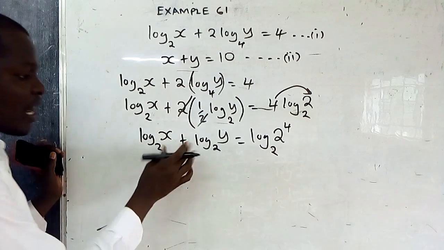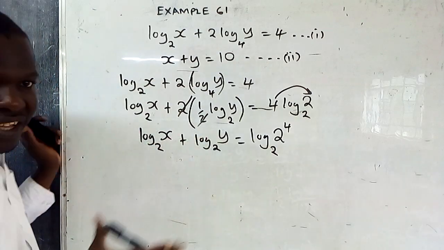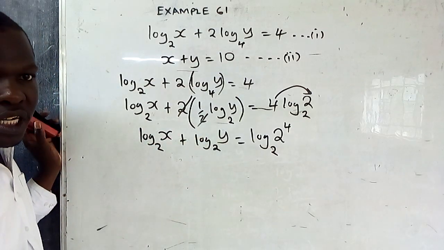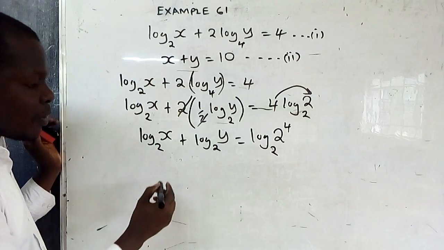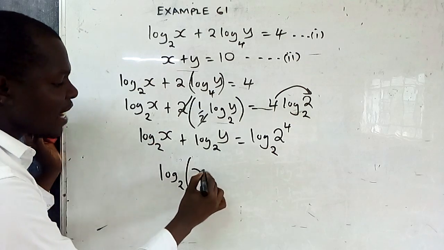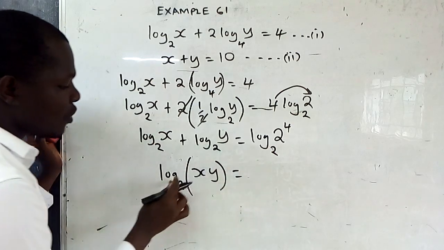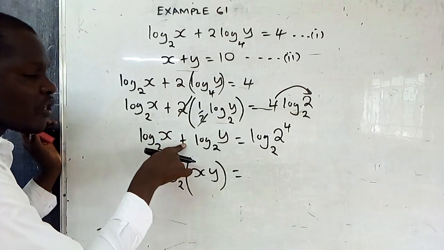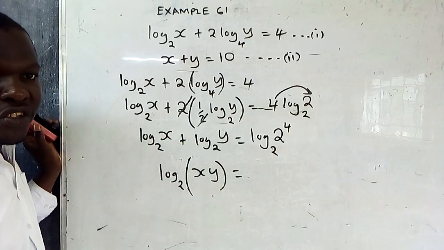Now you can join this into one term on the left side using laws of logarithms. If you factorize out log to base 2, you get xy, because when log goes inside, addition becomes multiplication. It is the reverse process.